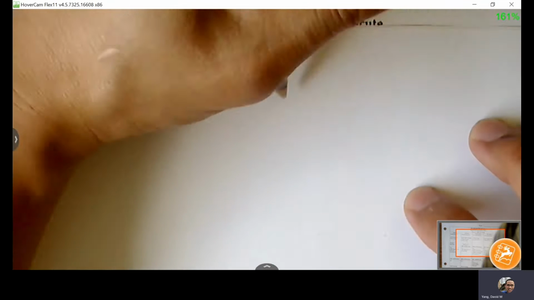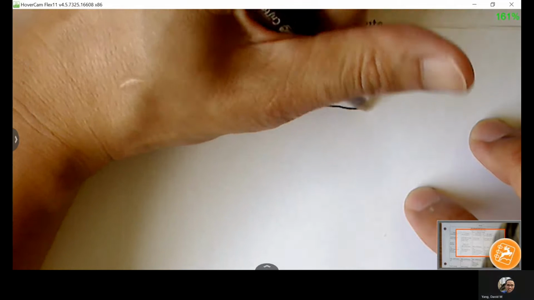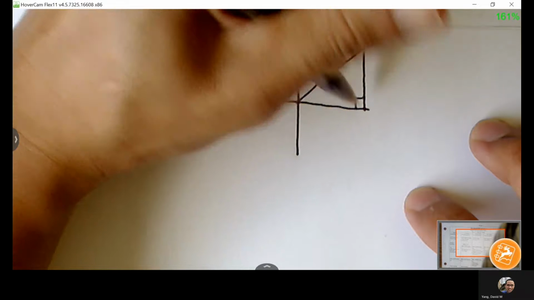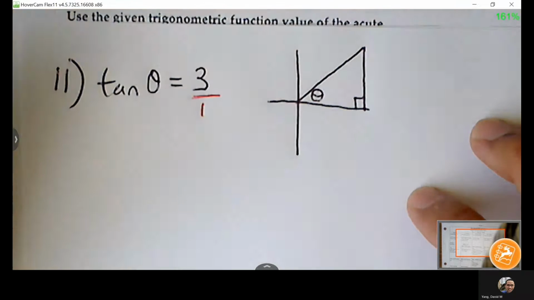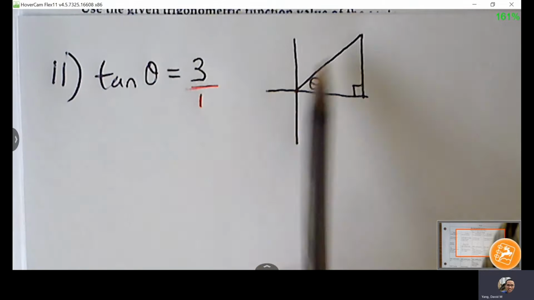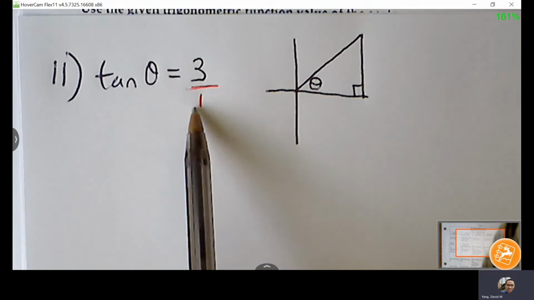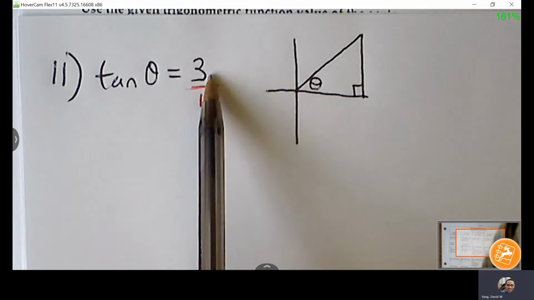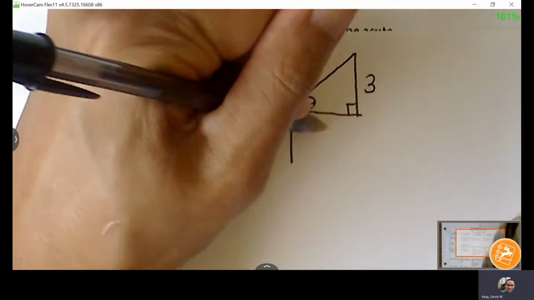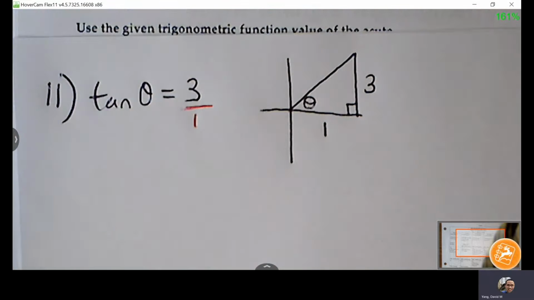So we'll be drawing our triangle in the first quadrant. Okay, theta. From here, we can identify which pieces we're dealing with. Tangent is opposite over adjacent, so that 3 will go here, and the 1 will go here. Once you have that, it looks just like 1, 3, 5, and 7.